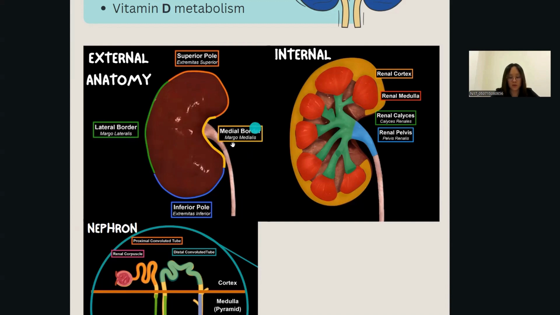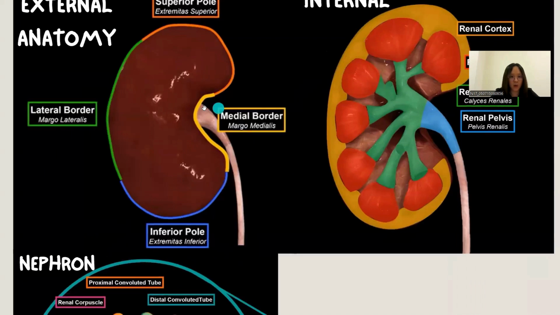For the medial border over here, it has an area called the hilum of the kidney, which is here. That is a place that the structures can go in and out of the kidney. So at the hilum of the kidney, we can actually find the blood vessels, lymph vessels, as well as the ureter.